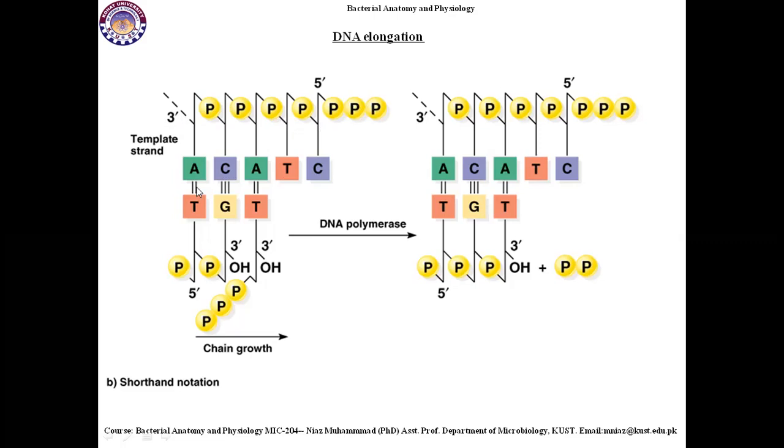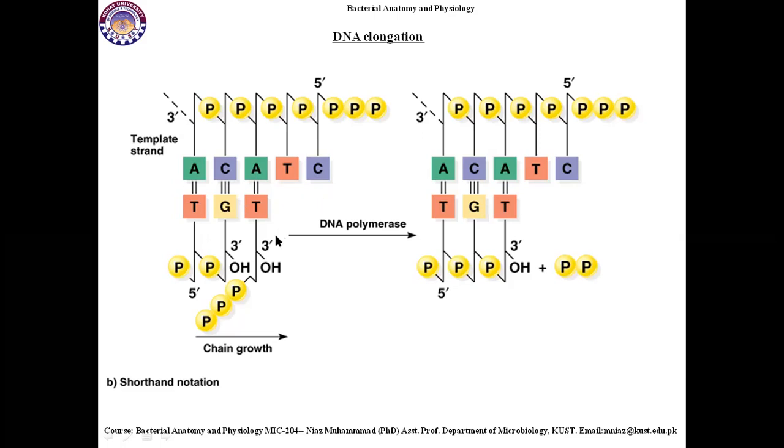What happens when this parent strand is used to make the daughter strand? Thymine will bind with adenine, guanine will bind with cytosine, thymine will bind with adenine, and here is thymine, so adenine will bind here, cytosine is here, guanine will bind with this, and this chain will increase its length.